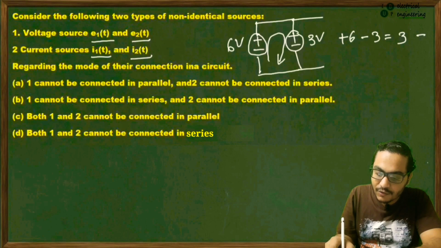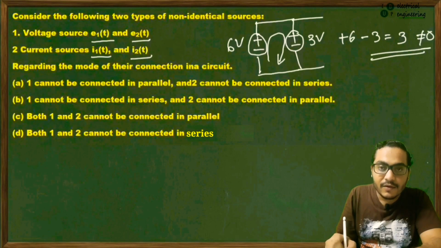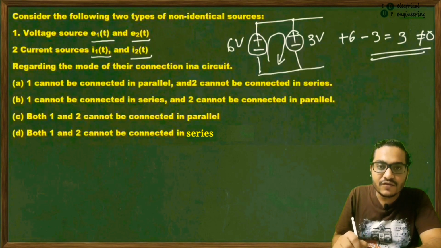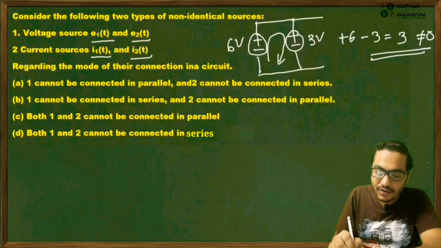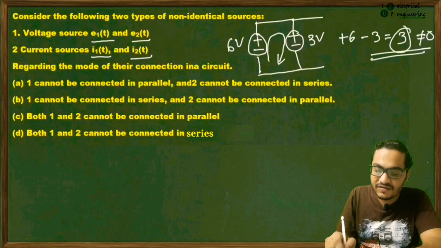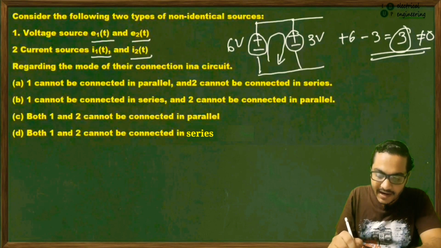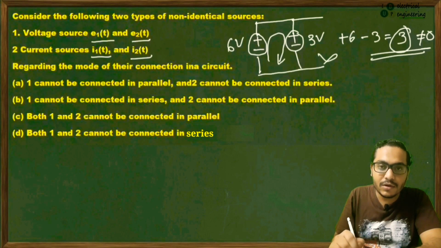So this is not equal to 0. We know from Kirchhoff's voltage law that in a closed loop the summation of all voltages equals 0, but here the total loop voltage is 3. So it violates KVL. So we can't connect voltage sources of different magnitude in parallel.